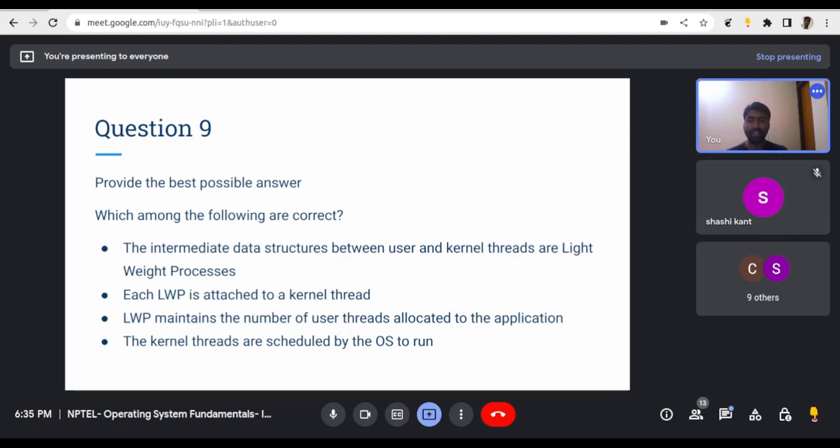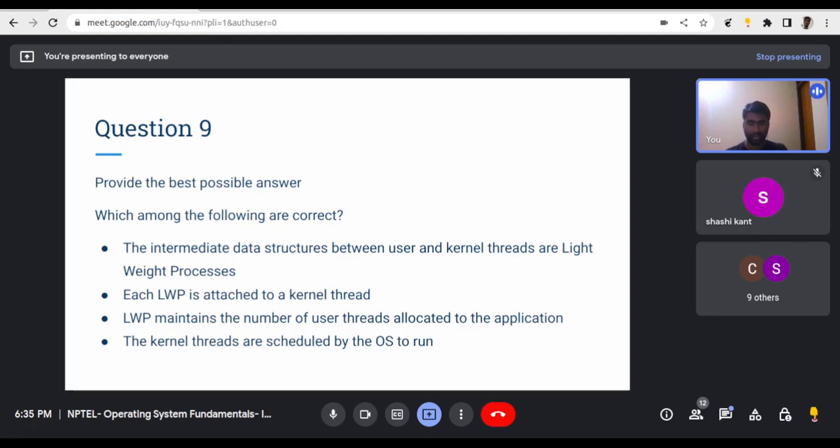They keep track of which user thread is creating how many kernel threads. In that way, if any user code is wrongly written and goes on creating multiple threads in an infinite loop, that can be checked by the lightweight processes, and that user thread can be immediately stopped so that it stops creating the kernel threads.